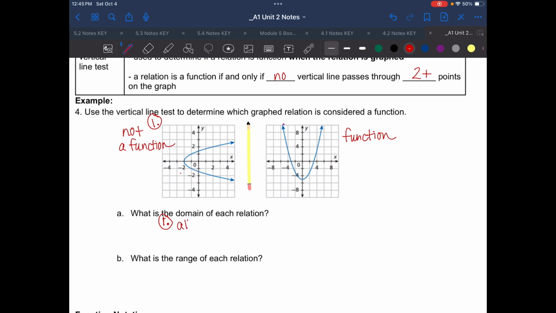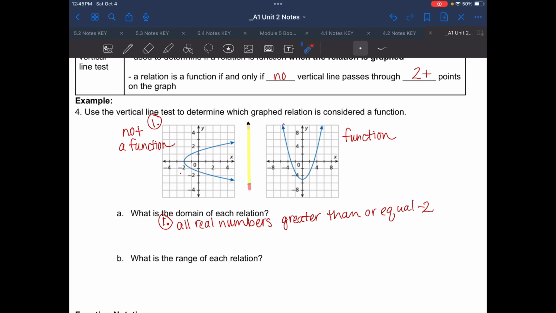So the domain would be all real numbers greater than or equal to -2. And that's because if I look at all the x values starting at -2 and going greater than -2, I have a y value that goes with it, that corresponds to it.